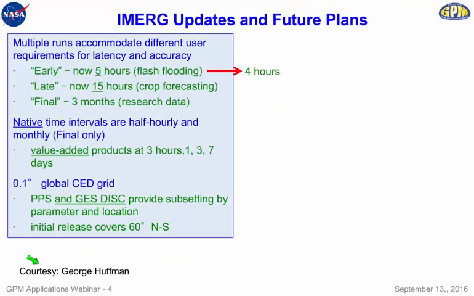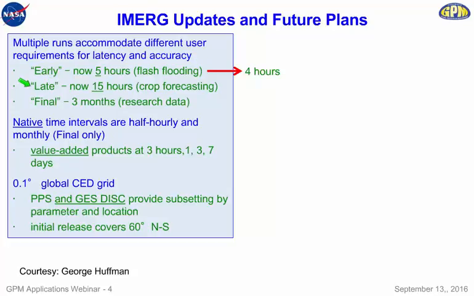So here is the improvement of IMERG that is likely to happen in the near future. We have three kinds of IMERG products. There is the early product, which is now about 5 hours, but it will become available in about 4 hour latency.